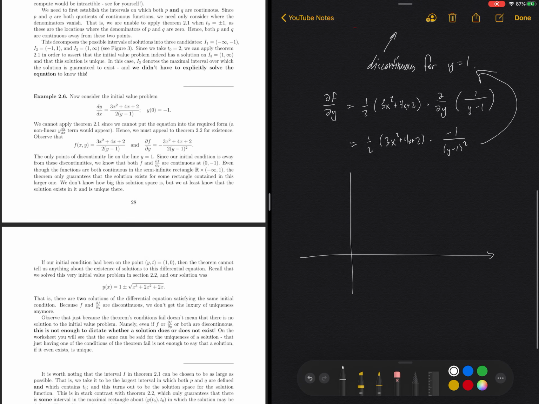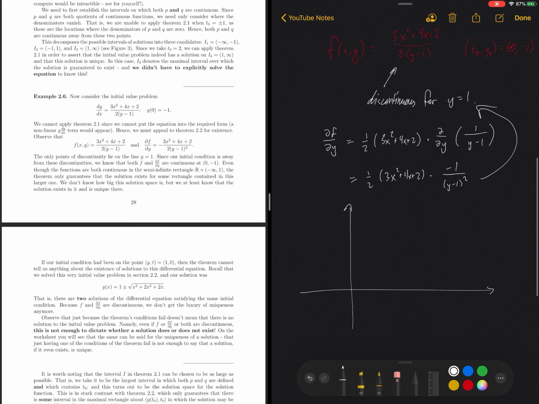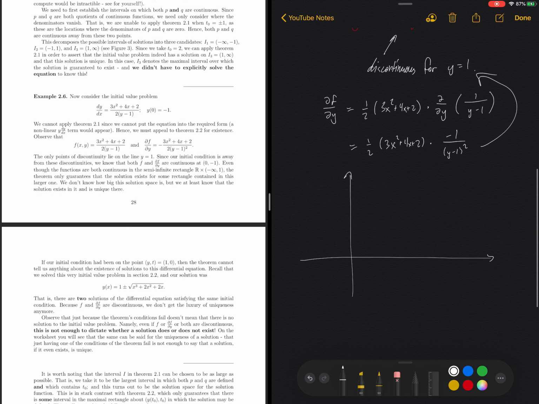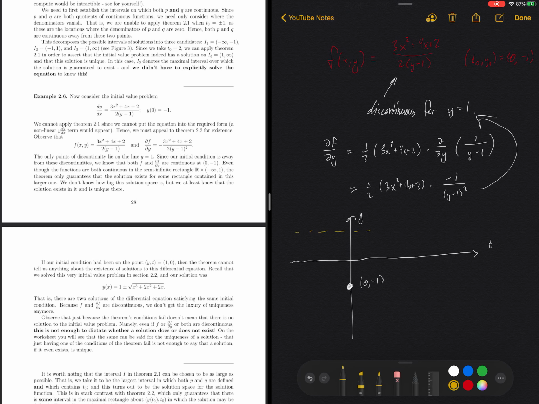Okay, and we ask, where is this guy continuous? And it's going to be for the same locations, right? So that means that my box here, the thing that I created upstairs, let's see, my initial condition is at (0, −1), so I should have moved this guy way up here. There we go. So (t, y) = (0, −1) puts my initial condition roughly here.